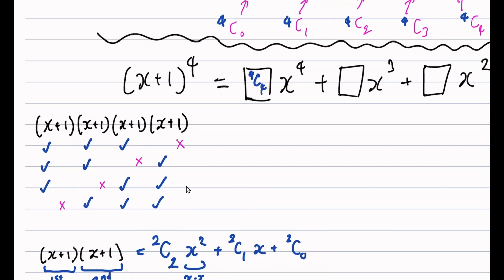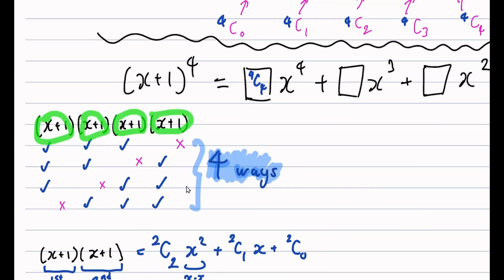How do you get this number 4? Think about it like this. You have 4 options, and then you only want to choose one particular constant.